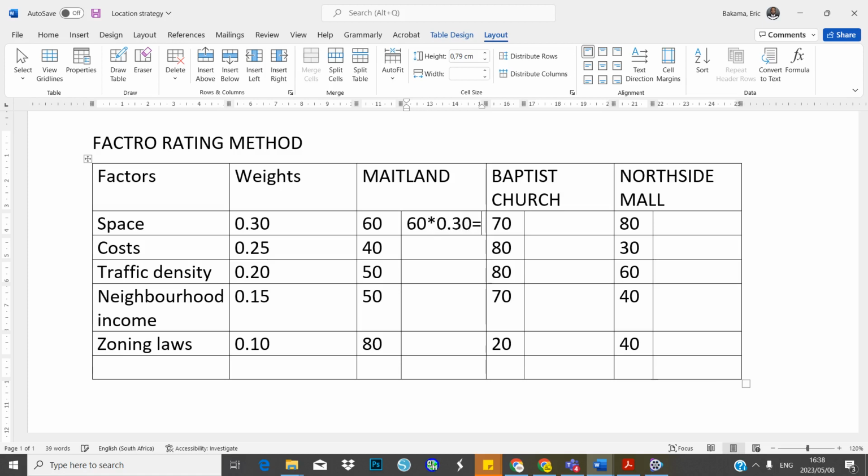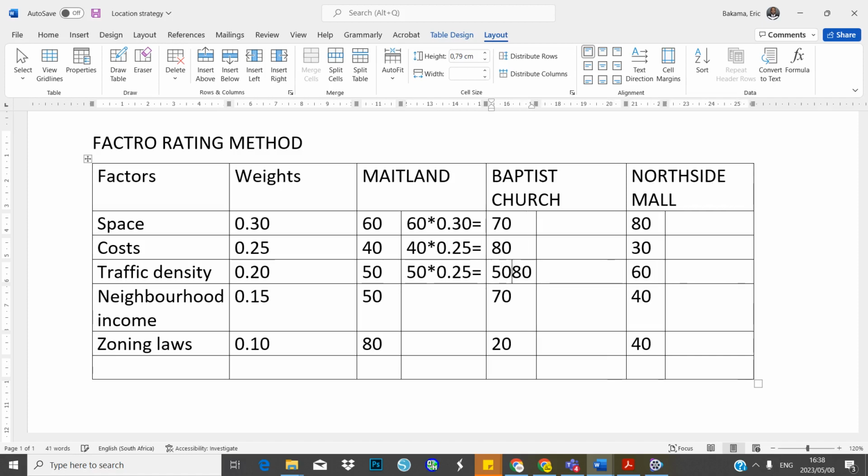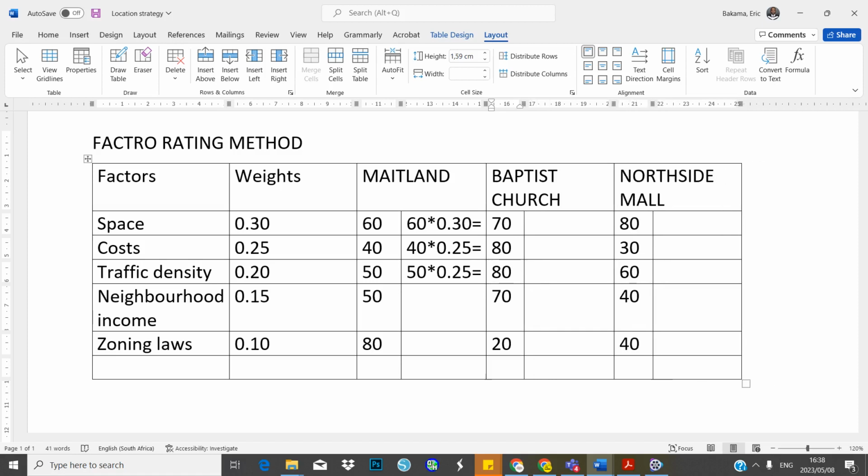Then I will do 40 times 0.25. Then I'll go to 50 times 0.25. Then 50 times 0.15. Then finally I go to 80 times 0.1.